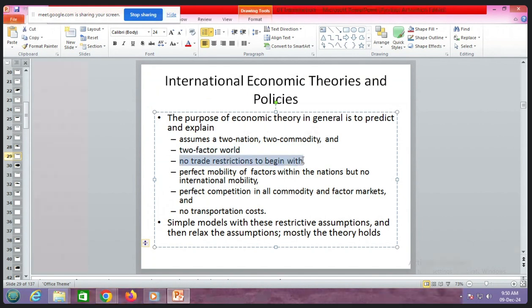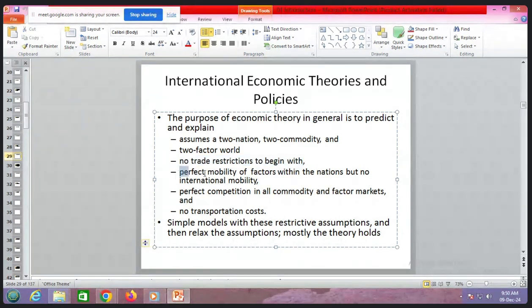The basic assumption that we are going to start with is that there is no restriction of trade. That is, we are talking about an economy where there is no government intervention in trade. All the economies are existing in a free trade market.